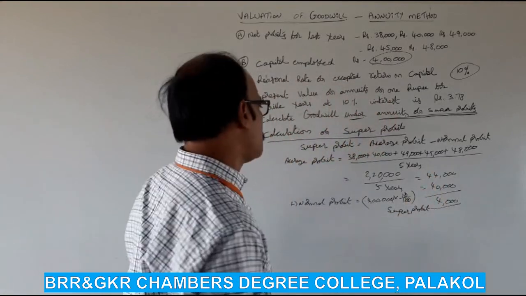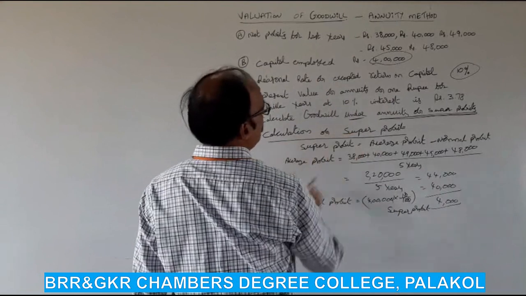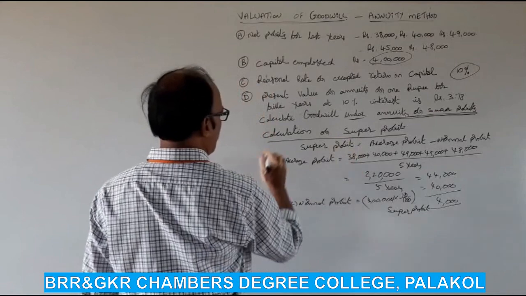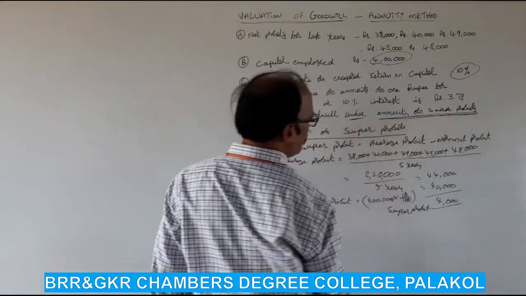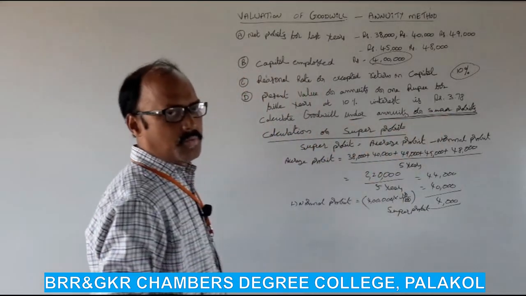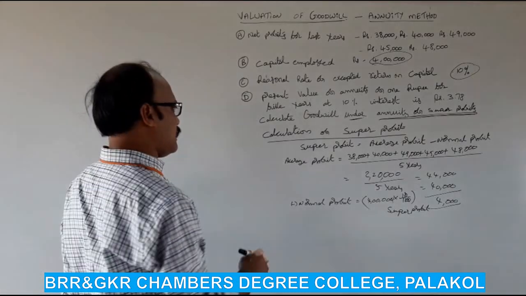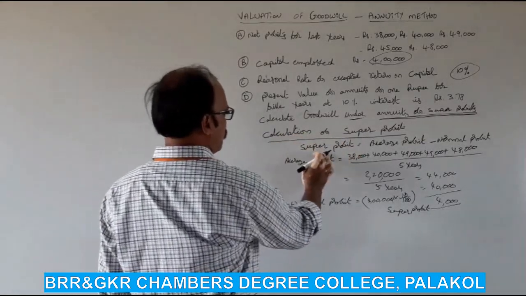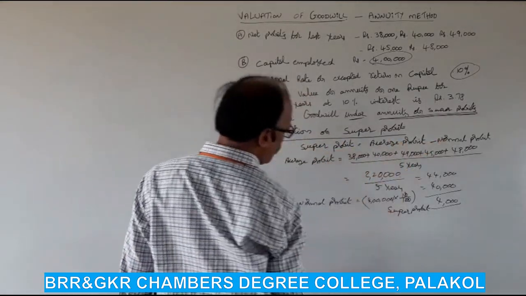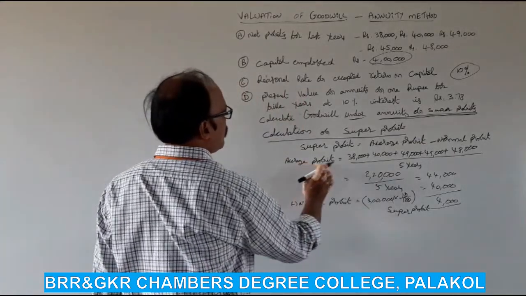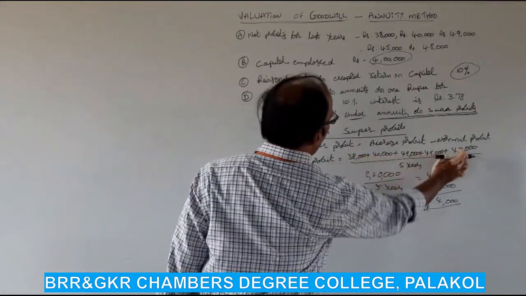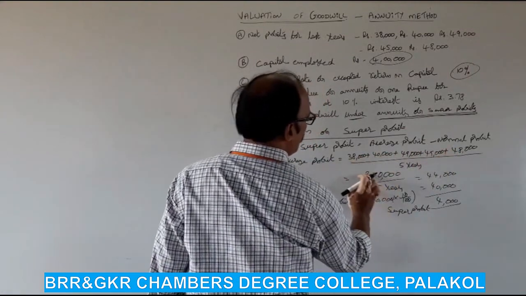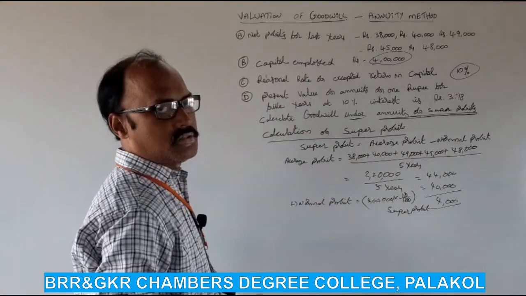Let us see once again the calculation of super profits. Why are we calculating super profits here? Calculate the goodwill under annuity of super profits. For that purpose, we have to calculate goodwill here. Super profit is equal to average profit minus normal profit. Average profit is equal to total of profits in 5 years by number of years. Total of profits is 2,20,000 by 5 years.